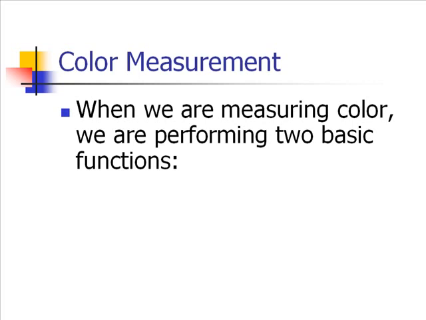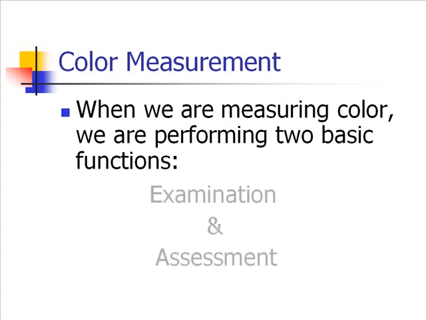So when measuring color, we are really performing 2 basic functions. We have to examine the color, and then we need to make some kind of assessment of it. So first thing is to really just look at it and look at it properly so we can make the correct assessment of is it good or is it not good.